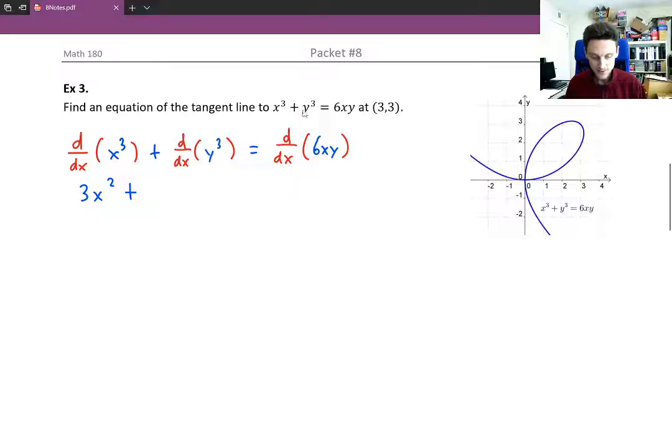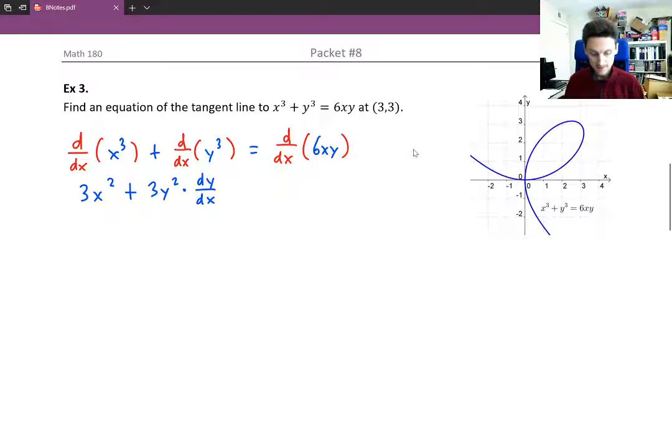It's related to x for sure by this equation, and at least locally it's some kind of function of x. So that's a function inside of the cubing function. We're going to use the chain rule. The 3, the derivative of the outer, will multiply in front. You subtract 1 from the exponent, leaving the inside alone, the inside again being y, and then multiply by the derivative of the inside with respect to x.